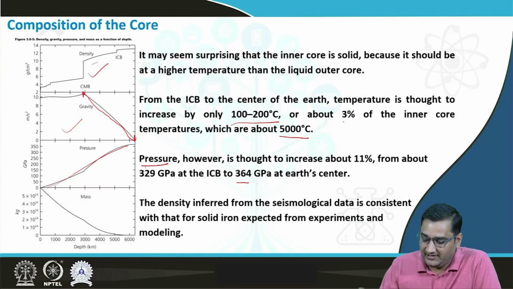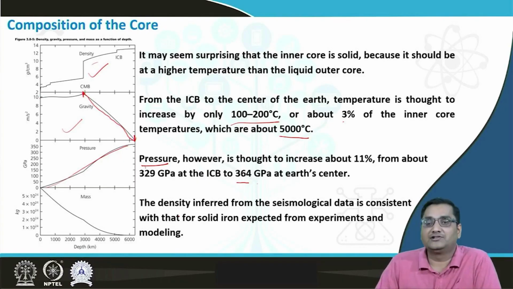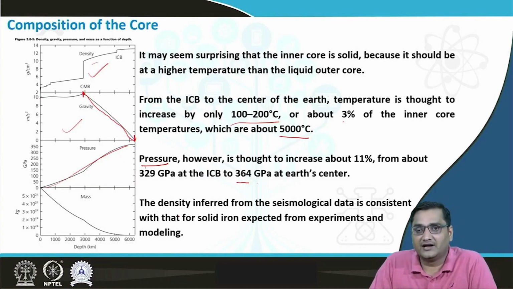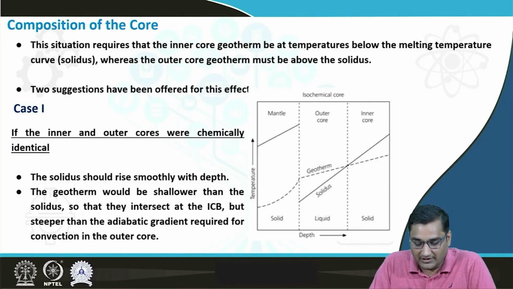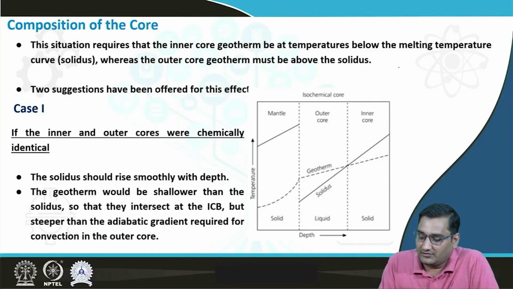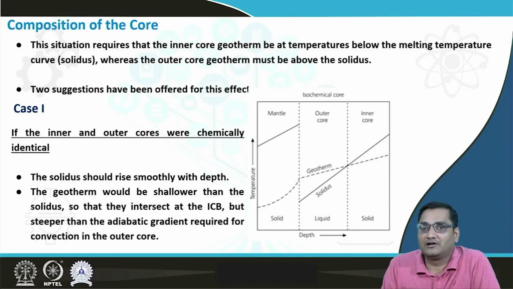The density inferred from the seismological data is consistent with that for solid iron expected from experiment and modeling. This situation requires that the inner core geotherm be below the melting point temperature curve, that is the solidus, whereas the outer core geotherm must be above the solidus, because the outer core is liquid in nature, in the form of melt.